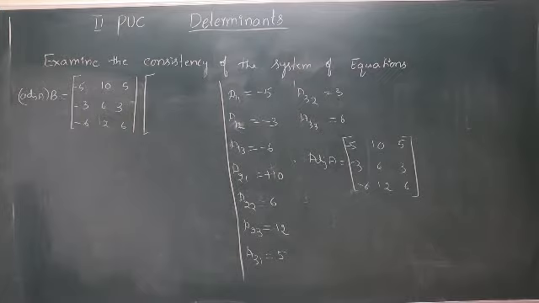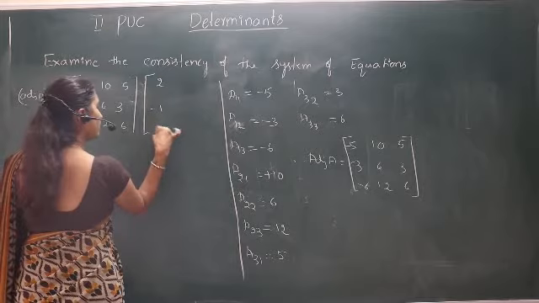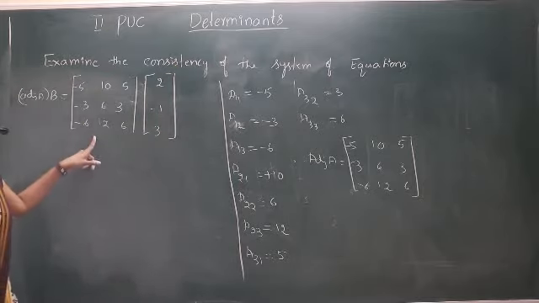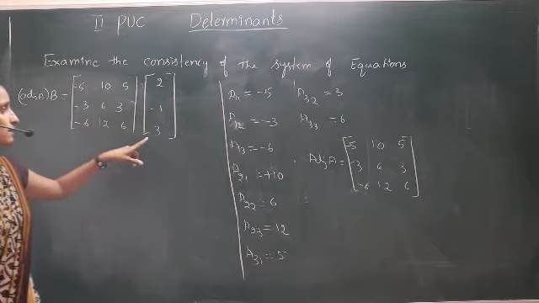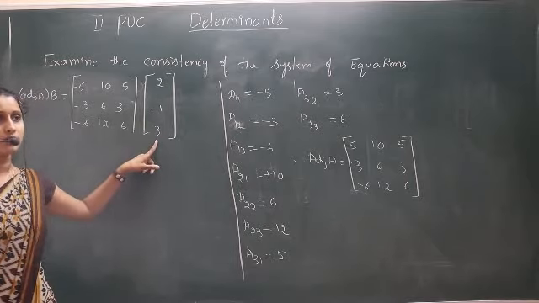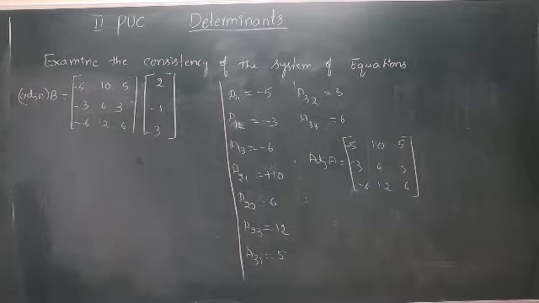What is that B matrix? B matrix is 2, minus 1, 3. So now we can see the first is a 3 by 3 matrix, and this is a 3 by 1 matrix, 3 rows and 1 column. So the answer should be 3 by 1 only, that means 1 column and 3 rows.